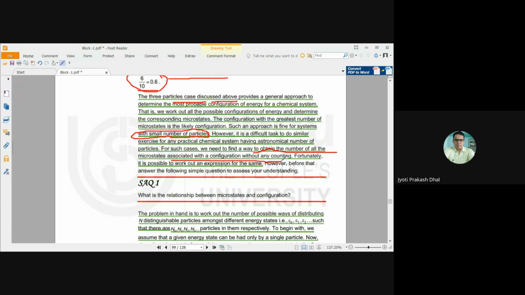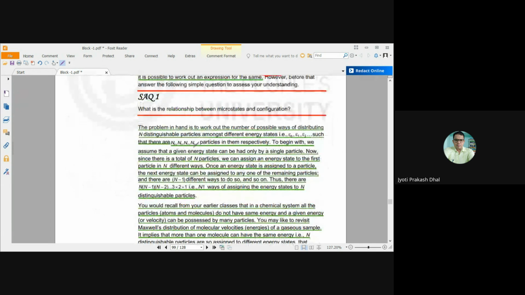In the previous cases, with just 3 and 5 particles, we could count the number of microstates or W values. But in a chemical system, an astronomical number of particles are there, so we have to find a possible way without counting. Fortunately, it is possible to work out such an exercise.